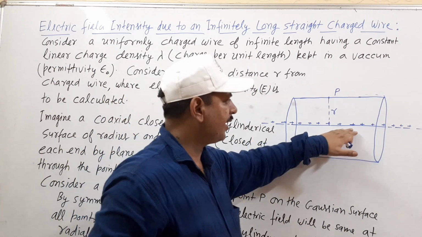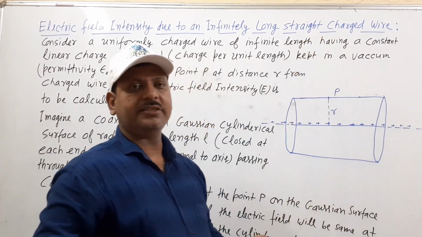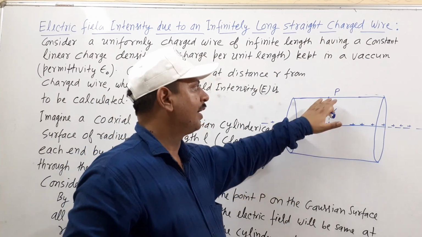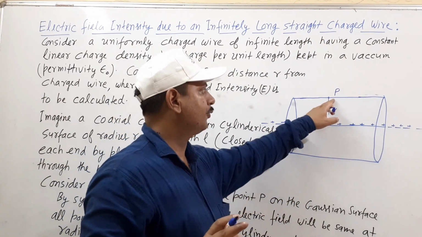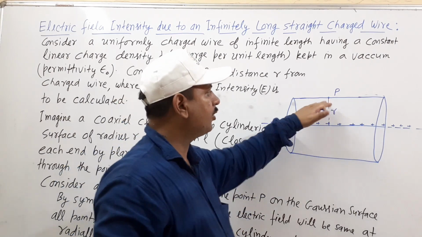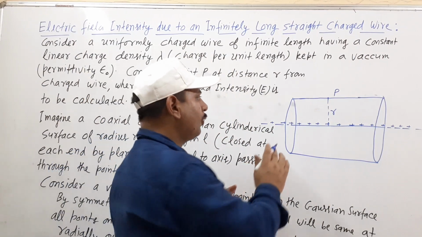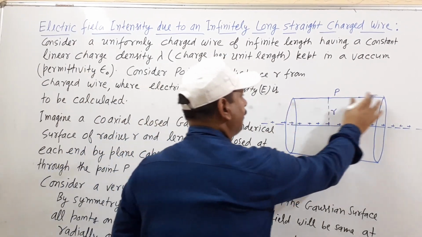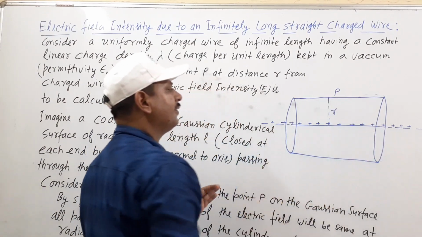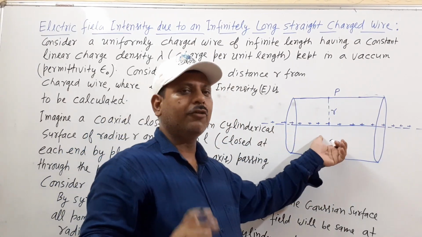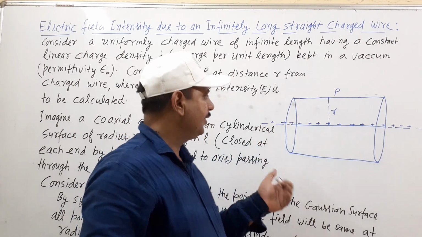The axis of the cylinder and the straight charged wire is the same, and for point P, I have taken radius r, so that point P lies on the curved surface of this cylinder. This closed cylinder, we have taken plane, that plane is closed. So this closed cylindrical surface will be the Gaussian surface for this charge distribution.